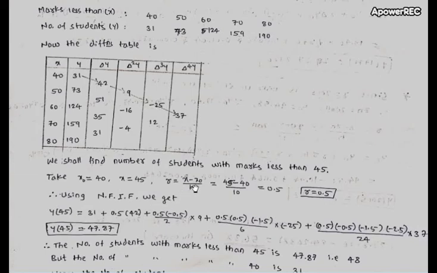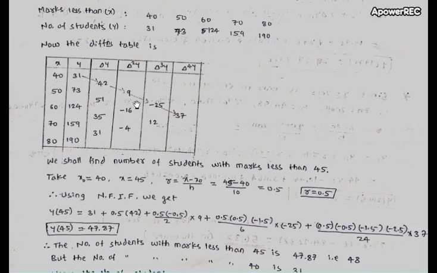Then our formula is r equals x minus x naught divided by h. x is 45, x naught is 40, the initial value. h is the difference: between 40 and 50 is 10, 50 and 60 is 10, 60 and 70 is 10. So the h value is 10. After simplifying, you will get the r value as 0.5.